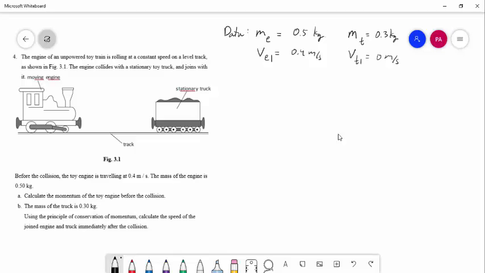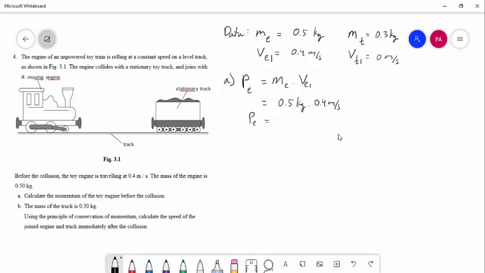And then the first question: calculate the momentum of the toy engine before the collision. So that means we just need to calculate the toy engine only. The momentum of the engine is the mass of the engine times the velocity of the engine before collision, 0.5 kilograms times 0.4 meters per second.